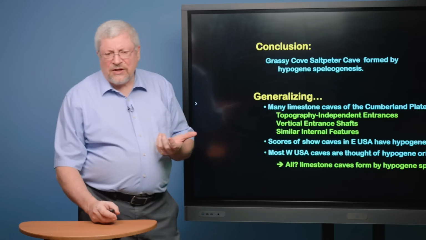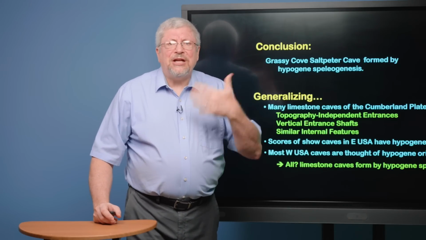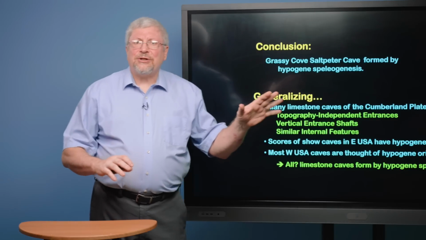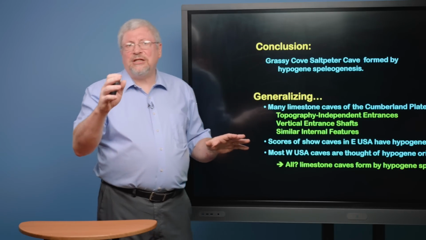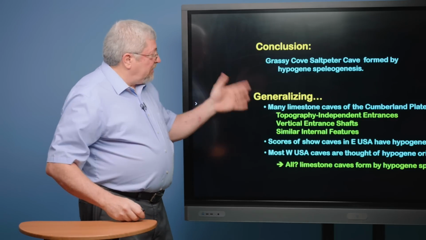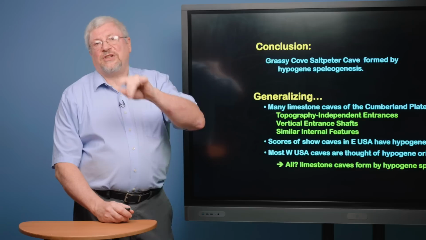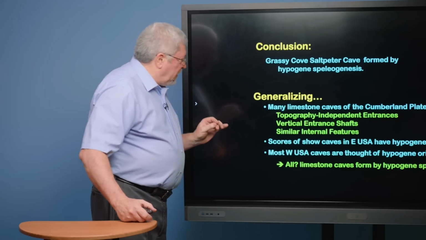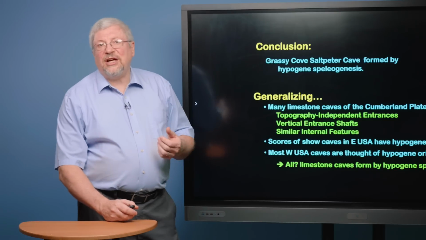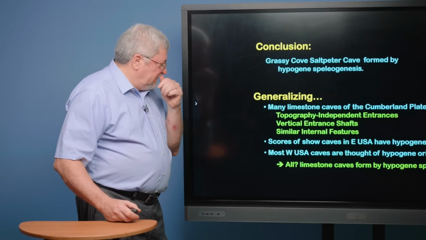And he has visited some, I can't remember what the figure is, some 70 caves so far in Arkansas, Missouri, Tennessee, Virginia. I think he's gotten up into New York. And he's found multiple evidences of hypogene speleogenesis in every single cave. So far, it's looking like all the show caves in the eastern United States were formed by hypogene speleogenesis.